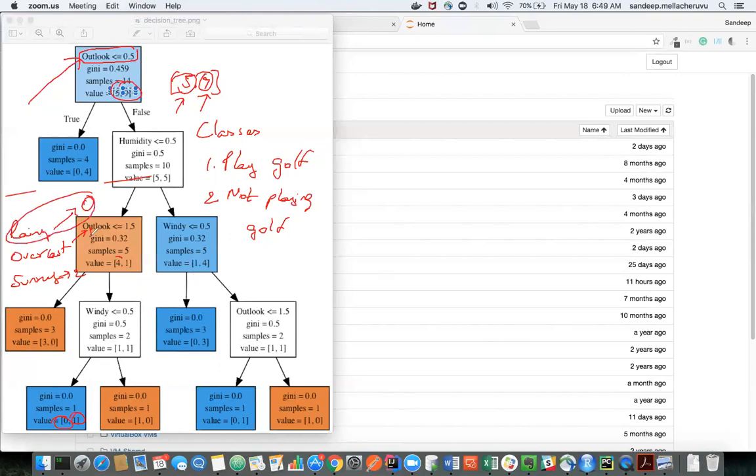Similarly, here again there is another condition saying outlook less than or equal to 1.5. What does it mean? Outlook is rainy or overcast. Two options are present now, because less than 1.5 means either it could be rainy, which is 0, or it could be also overcast, which is 1. Okay, are you clear with this?